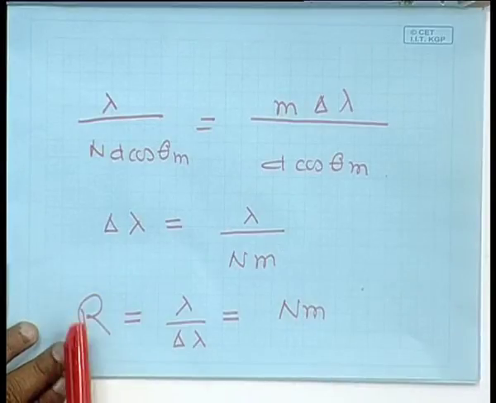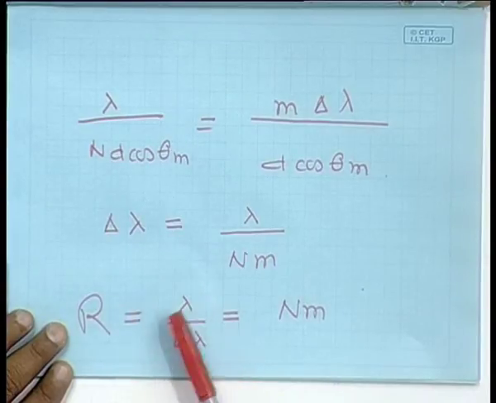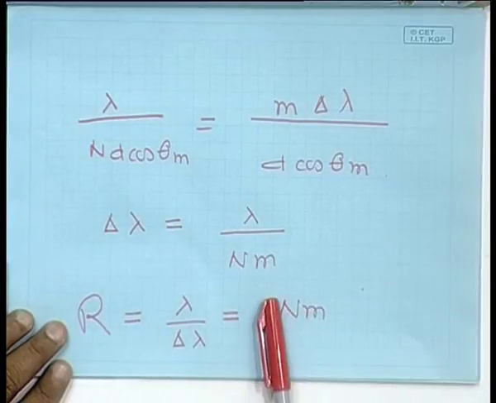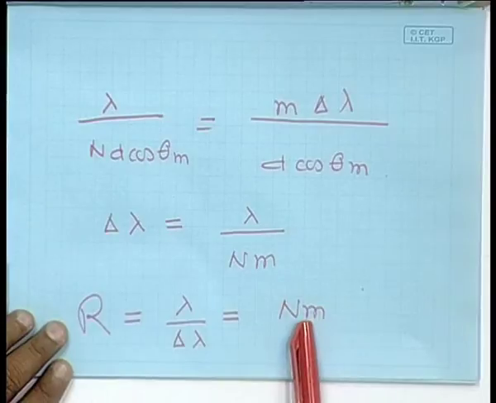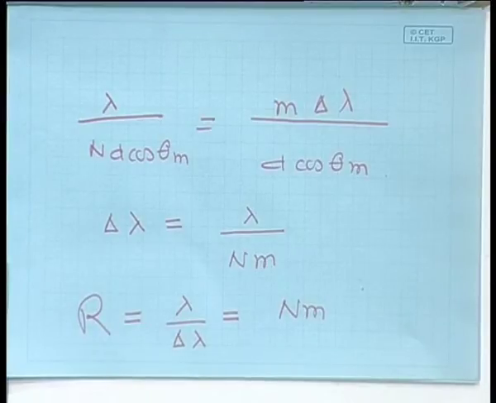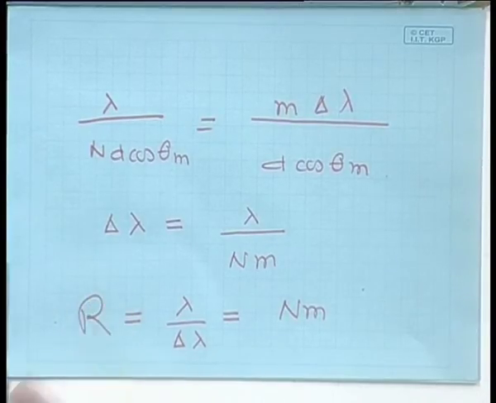And for a grating, there is this quantity called the chromatic resolving power, which is defined as the ratio lambda by delta lambda, which for a diffraction grating is the number of slits times the order of the maxima that you are looking at. The larger the chromatic resolving power, the better is your diffraction grating, and the smaller the chromatic resolving power, the poorer is your diffraction grating.